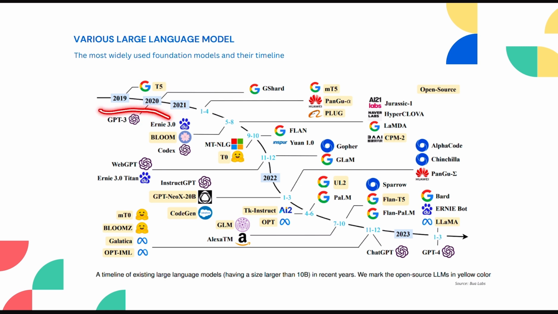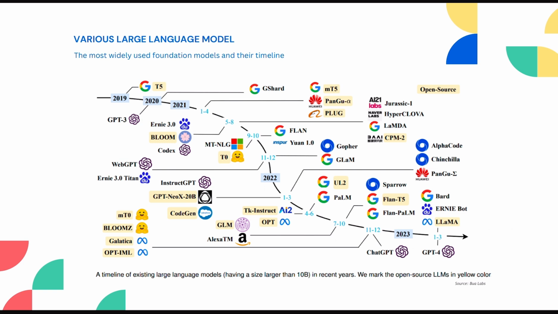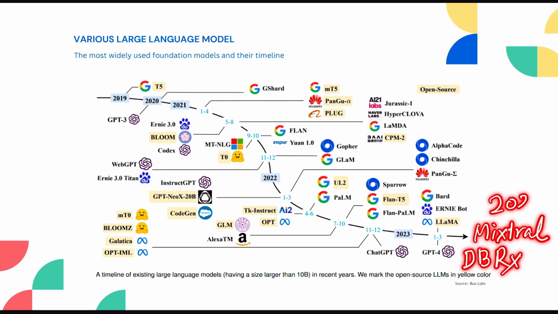The journey of LLMs goes from 2019 through 2020, 2021, 2022, 2023, and here we are at 2024, with models such as Llama 3, which got released last week, Gemini by Google, released last year around October, Mixtral, and also DBRX from Databricks. These are in 2024.